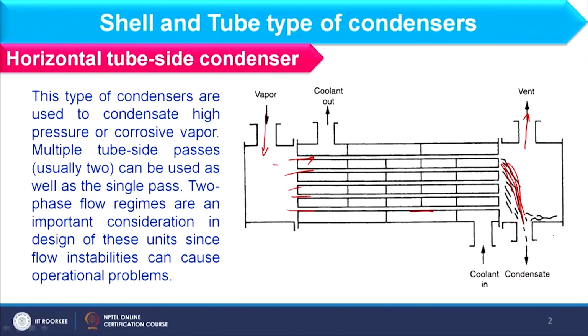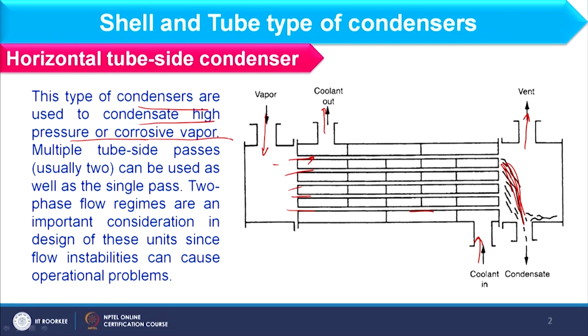In this case, the coolant usually enters the shell side and exits from the other end of the shell side. This type of condenser is used to condense high pressure or corrosive vapor.